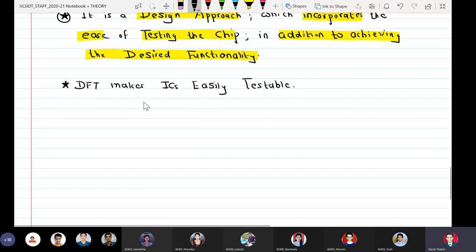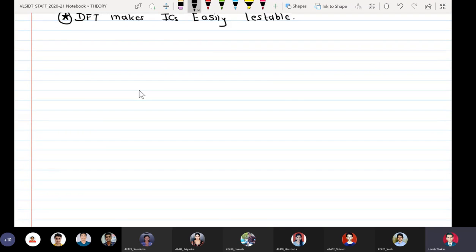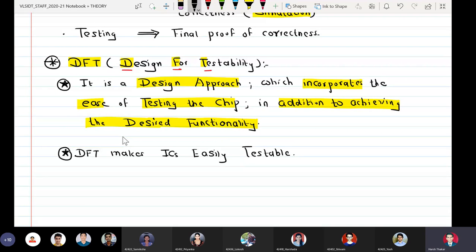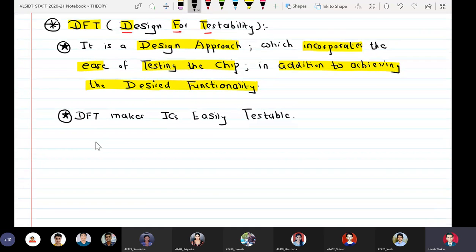Now the question comes to your mind: are there any standards, IEEE standards for DFT? Yes, there are. When you speak about DFT or design for testability, there are many terms which are used such as boundary scan, JTAG, etc. All these terms you have heard, but you never knew that they are connected with this topic of design for testability. Always understand that a particular chip may have excellent design, but that does not mean it also has excellent testability. So please understand this.